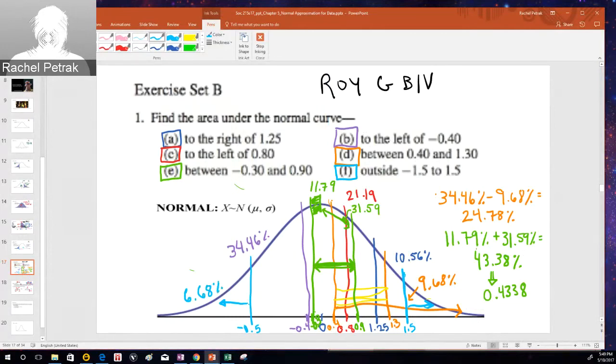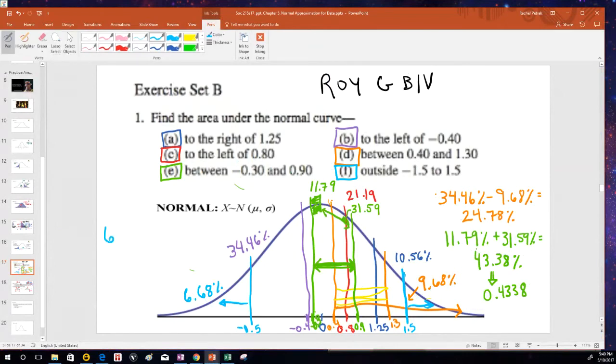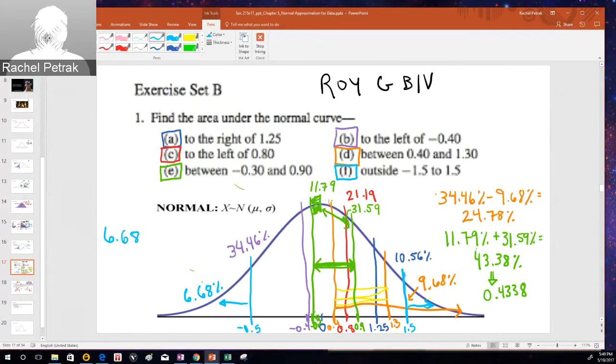So if I want to know the area that's outside of both of these scores, then I would just multiply this by 2, because I've got 6.68% over here and 6.68% over here. Or you could think about it as, you add the two proportions, but they're the same.